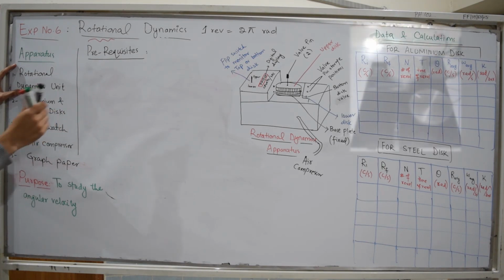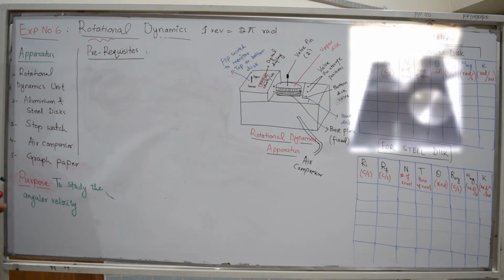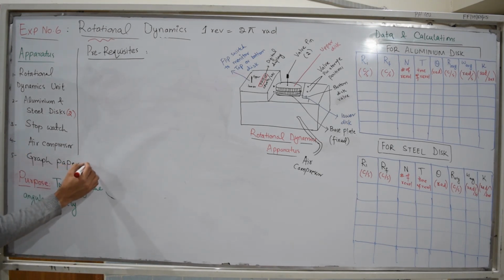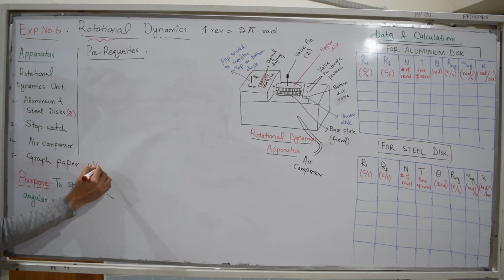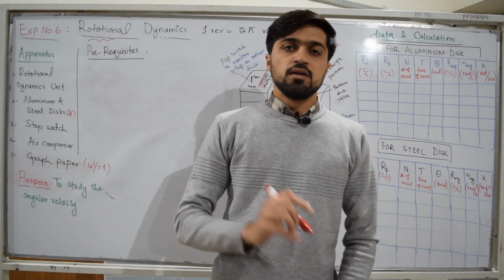As you can see, we will need 3 disks actually: one aluminium disk and two steel disks. Now we will need a stopwatch, the air compressor, and graph paper to plot the angular velocity versus time at the end. So this is the apparatus, and the purpose of this experiment is very simple. We are studying the angular velocity of disks.